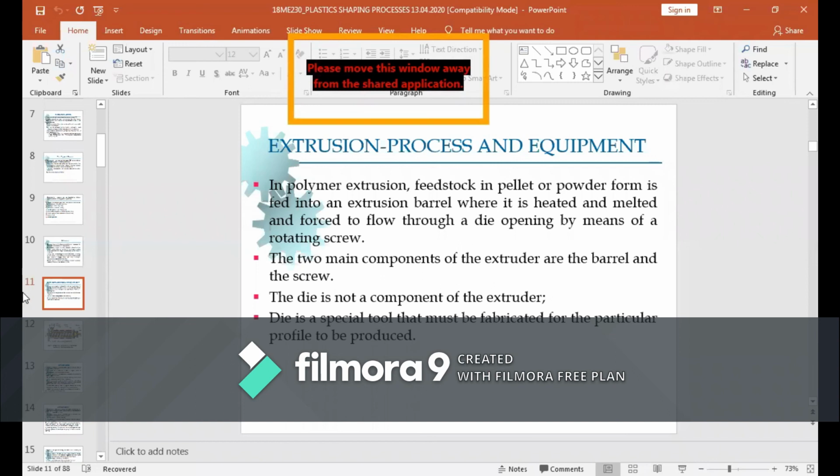Here the die is also not a part of the extruder, because I have to use a different die for a different product.